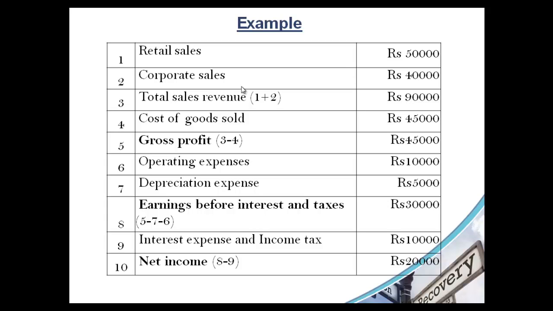So we have the EBIT as 45,000 minus 15,000 equal to 30,000. If we deduct the interest expenses and income taxes from EBIT, we get the net income. And so, we have the net income as rupees 20,000.